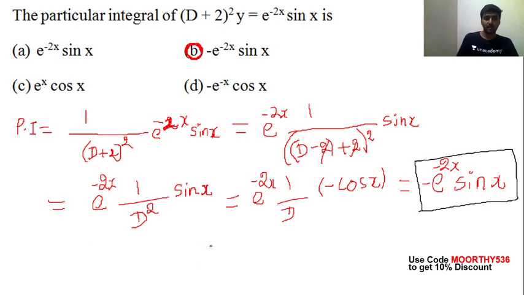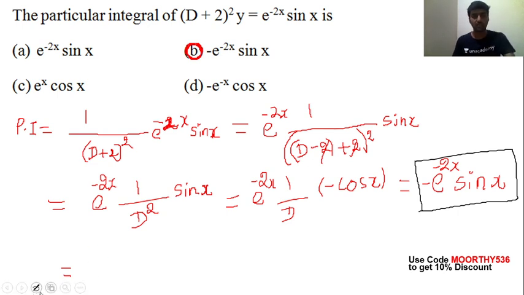In this problem we have integrated 2 times. One more thing: from this step itself we can conclude that instead of 2 times differentiation, 1 divided by D stands for integration, so for 2 times integration we can substitute the procedure. D square is replaced by minus a square.